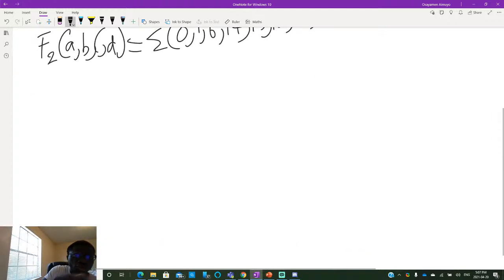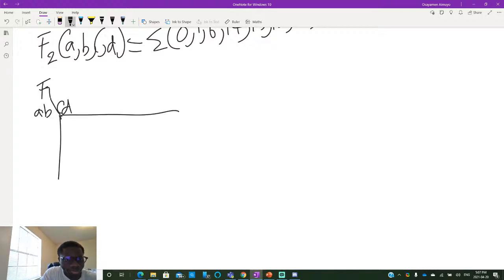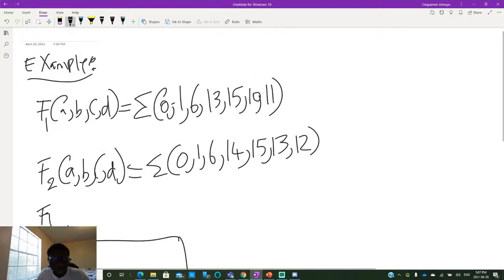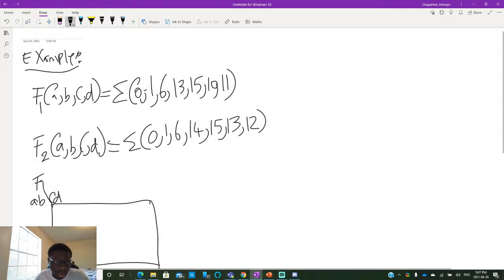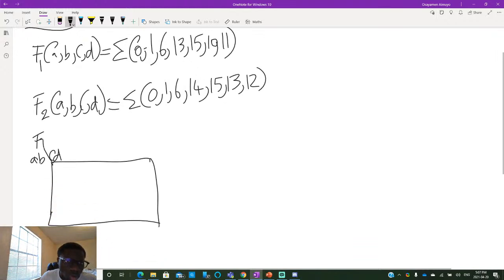right? And so if we were to draw the K-map for F1, I think I will zoom out here just so everything is much clearer.